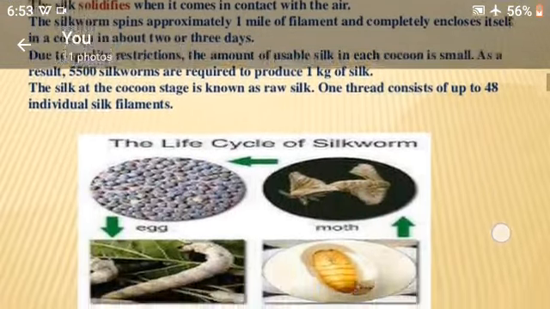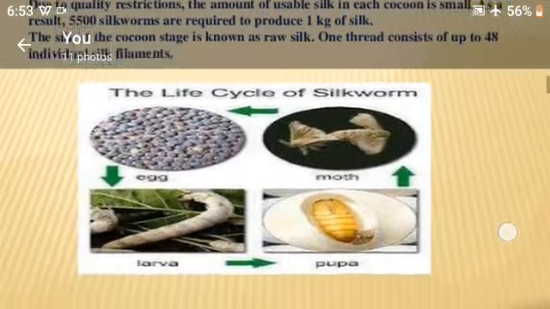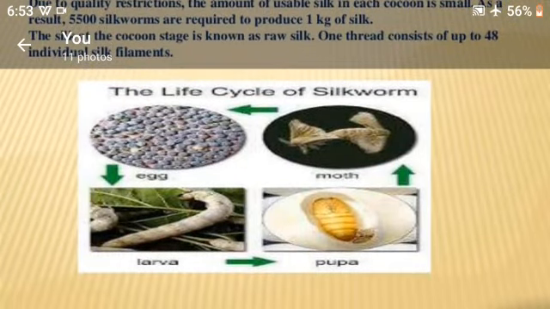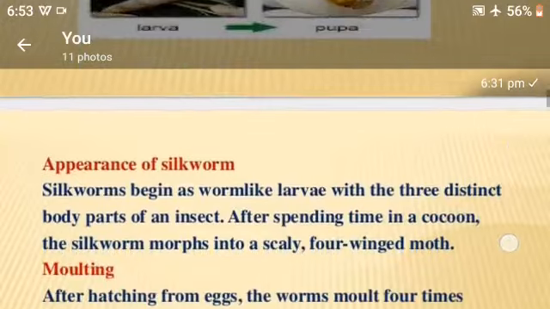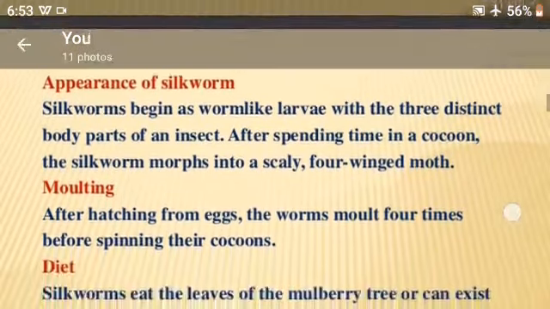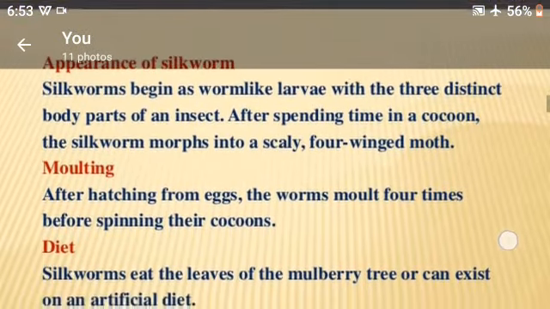Life cycle of silkworm. Appearance of silkworm. The silkworm begins as a worm-like larva with the three distinct body parts of an insect. After spending time in a cocoon, the silkworm morphs into a scaly four-winged moth.